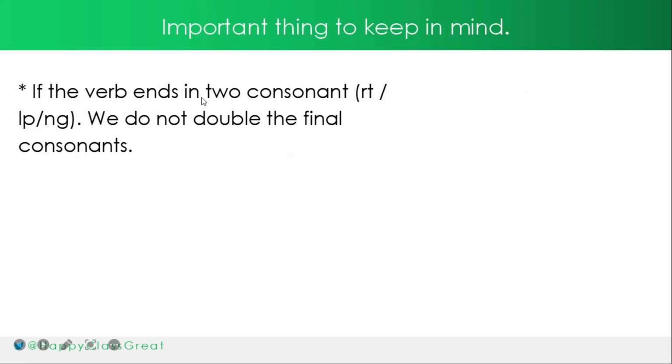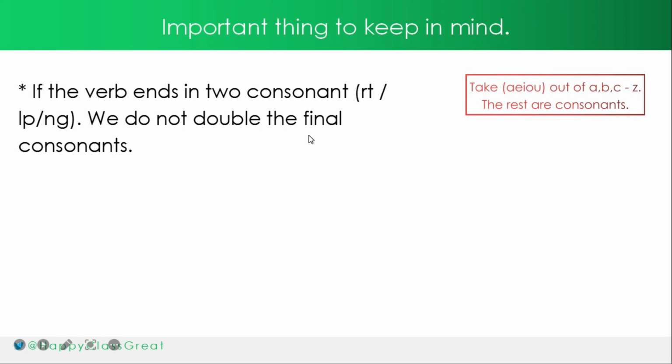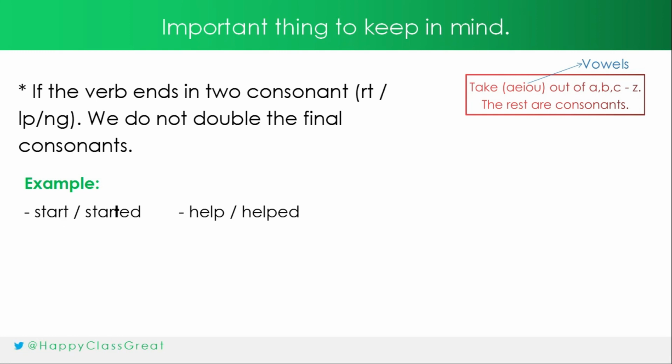If a verb ends in two consonants, and you know the meaning of consonants now: when you take a, e, i, o, u out of a, b, c to z, the rest are consonants. If a verb ends with two consonants, like rt, lp and ng. For example, we have started. In rt, r is a consonant and t also is a consonant.